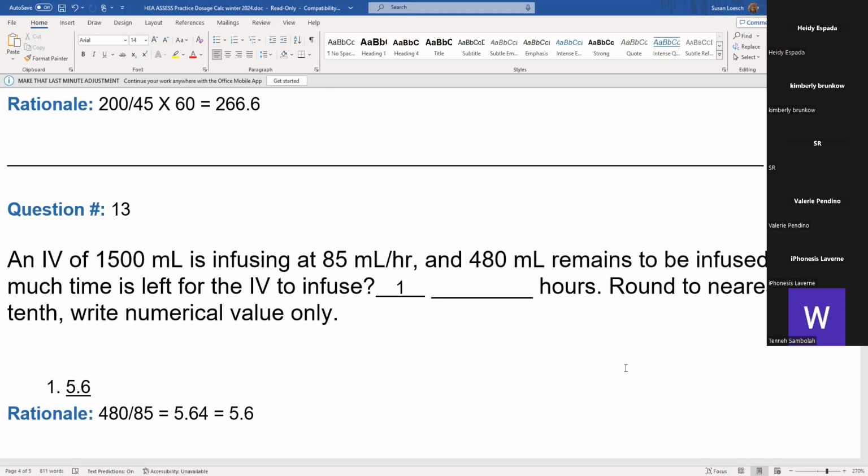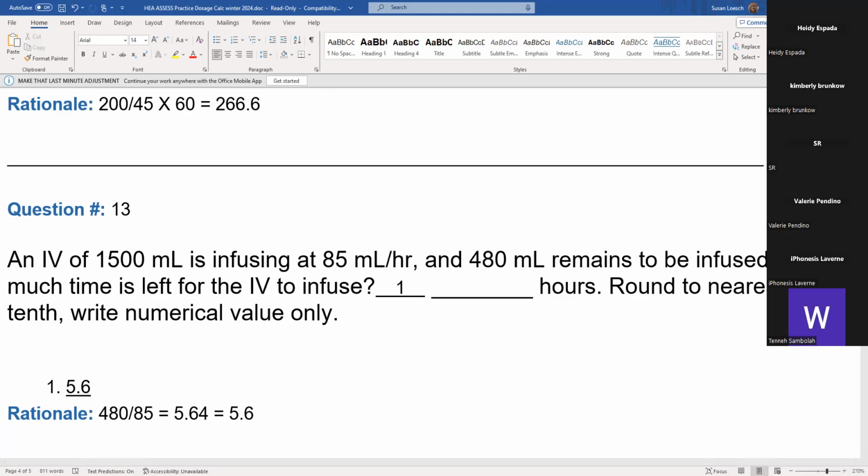I just want you to understand how you could turn that into hours and minutes. In case I said, what if this started at 9 a.m.? When would it end? It'd be easy for you to add the 5 hours onto there, right? 9 and 5 hours would be 1 p.m. But how would you calculate the 0.6?